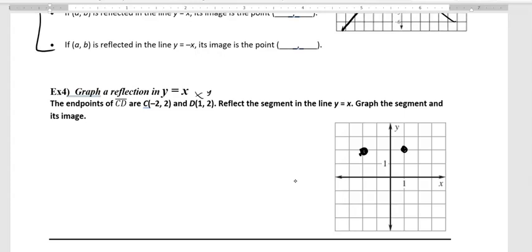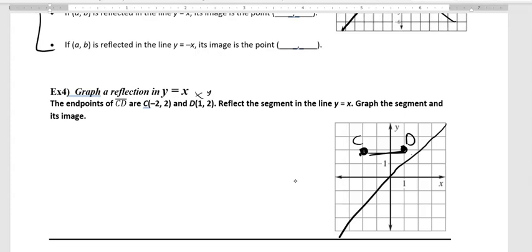So here is what we are going to reflect, CD. And we are going to reflect over this line right here. So you're going to do the same exact thing, except instead of counting full line segments, you're going to count diagonals. This point D, how many diagonals is it from the line of reflection? 1. Not even.